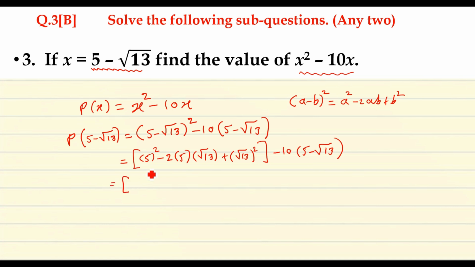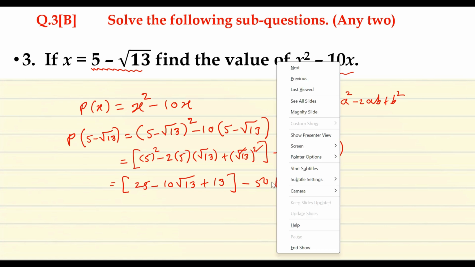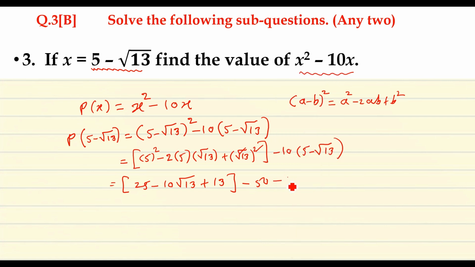Now open the bracket. After opening, 5 square is 25, 5 twos are 10 root 13. This is square and square would get cancelled, so this will be 13. And this is 10 multiplied by 5 is 50, minus minus becomes plus, and this becomes 10 root 13. So after opening the bracket, 25 plus 13, if you add it, you get 38, minus 10 root 13, minus 50, minus 10 root 13.